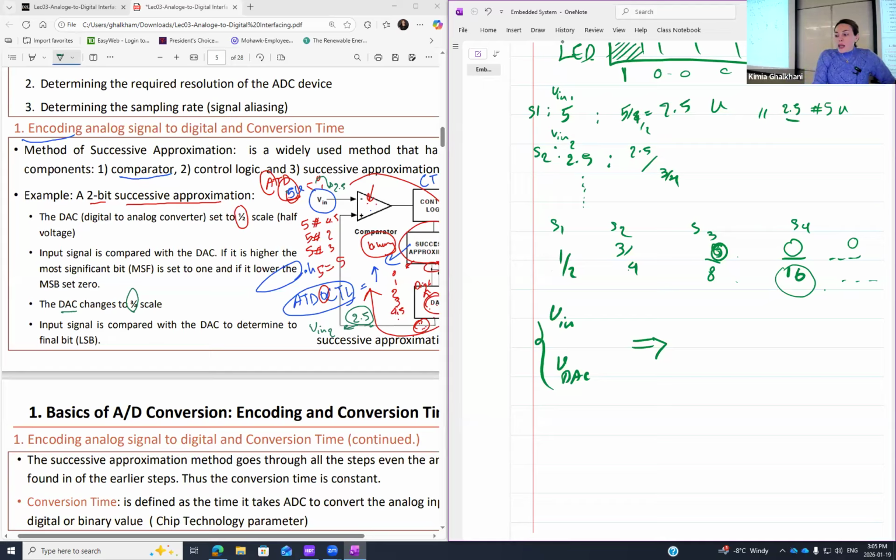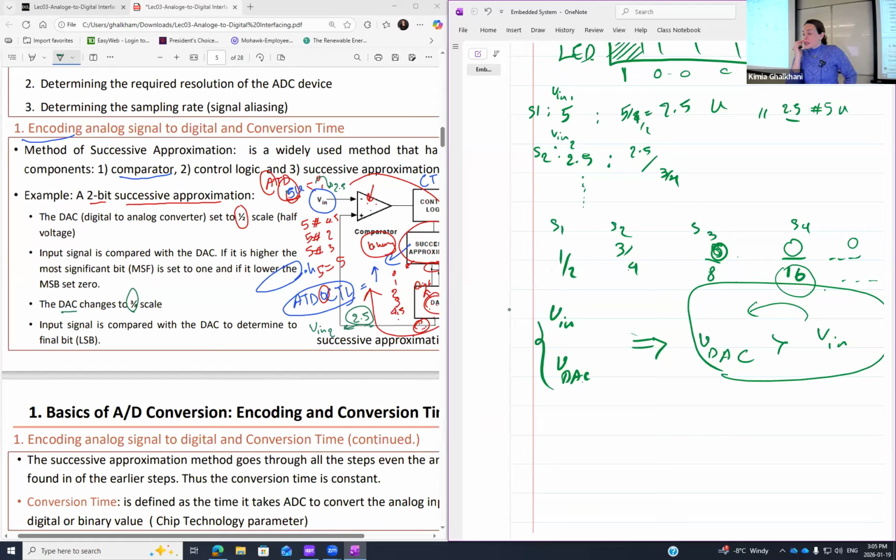So now, I'm always going to continue until my digital to analog conversion is bigger than V in. So I'll continue until I have this one. Up to the point that my input, if it is otherwise, my input is still not equal or less, I have to go and repeat the same process over and over.